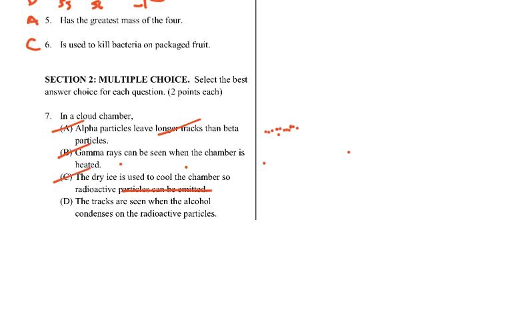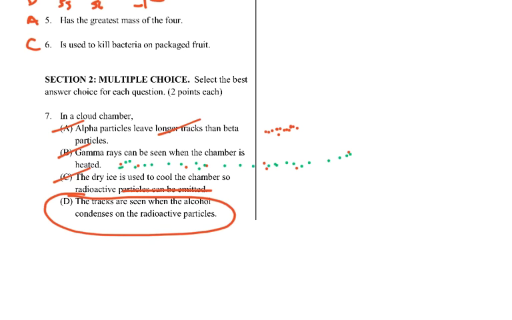They can be emitted either way. The tracks are seen when alcohol condenses on the radioactive particles. Okay, that is our best answer. When the radioactive particle goes through, it leaves little ions, and then the alcohol vapor condenses on those little ions that are left, and that's why we can see the track.